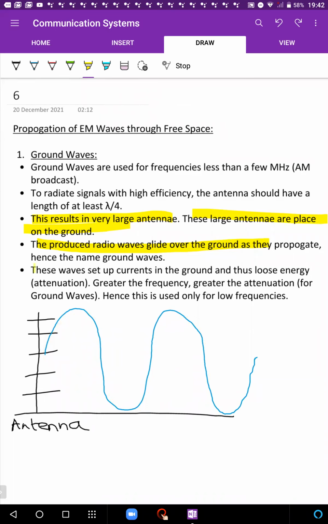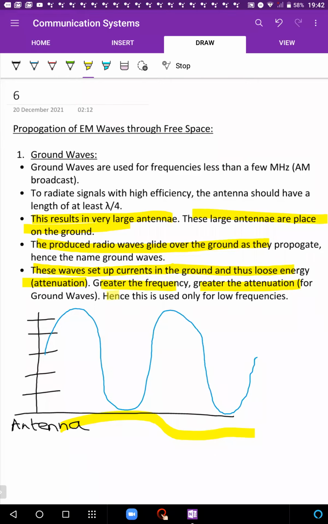These waves also end up setting up currents in the ground, similar to eddy currents, and therefore these waves lose energy quickly. This process is called attenuation. It's found that for ground waves, the greater the frequency, the greater the attenuation: more eddy currents are set up and more weakening takes place.